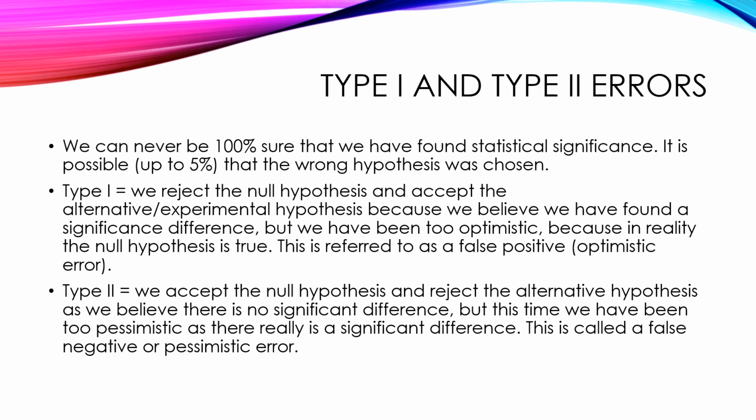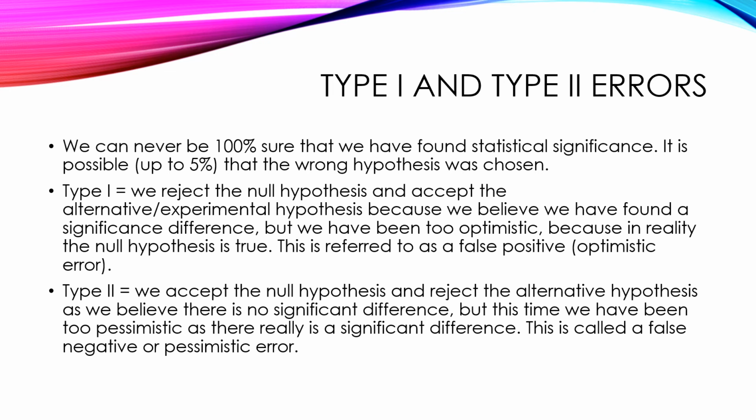A type 2 error is the opposite of a type 1. So we accept the null hypothesis, so I accept that there is no difference between participants who drink water and those who drink coffee in terms of level of talkativeness, and I reject the alternative hypothesis, which was my direction, to say that participants will talk more if they drink coffee.